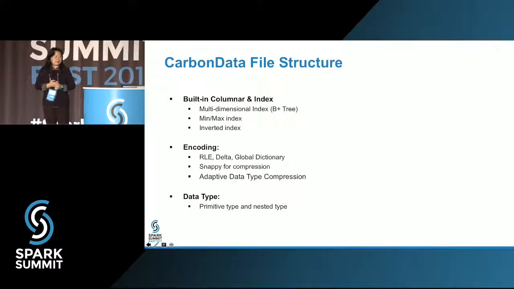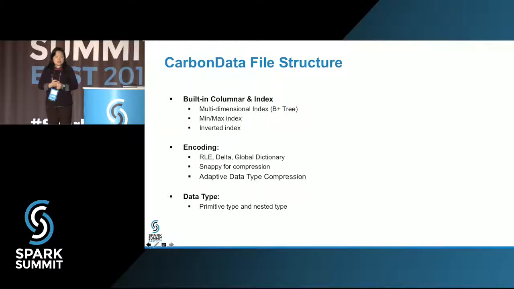As a file format, we also support a couple of very efficient encoding schemes. To name a couple, we have RLE, delta and dictionary support. For dictionary support for low cardinality columns, we also support global dictionary encoding. We will talk in more detail about some optimizations we have done with the global dictionary in later slides.